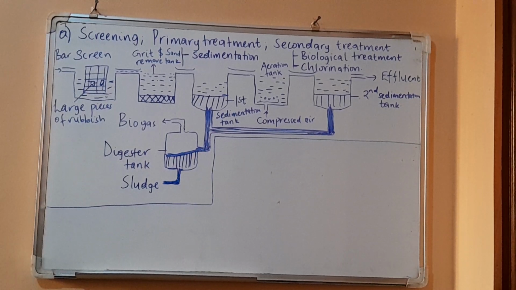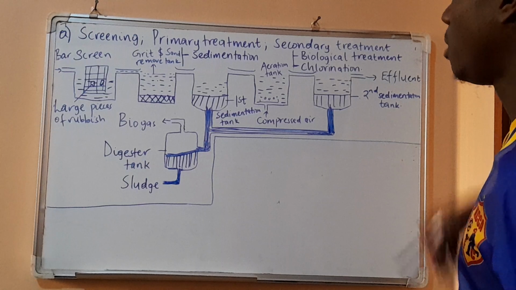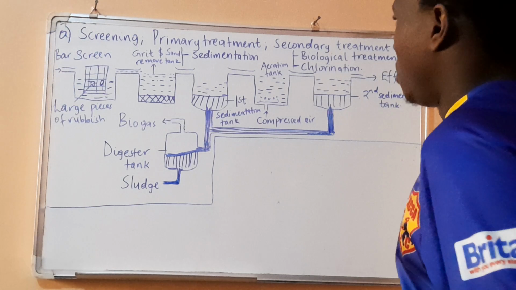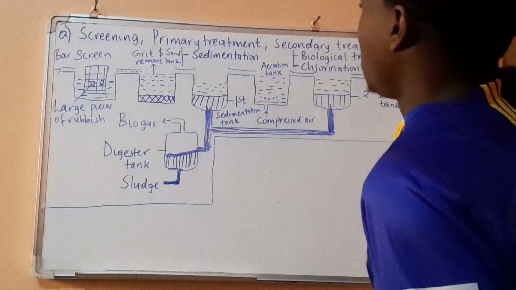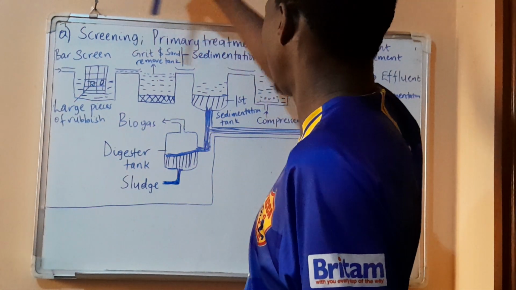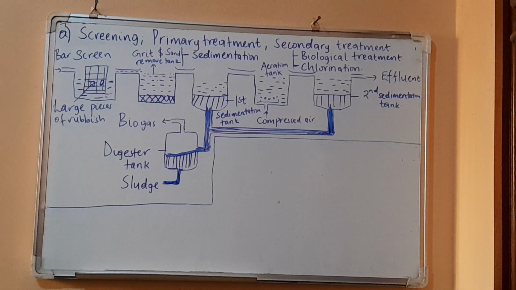Now we can continue with our description. So we have this model. This model is going to help us interpret those three fundamental stages of screening, primary treatment, and secondary treatment.